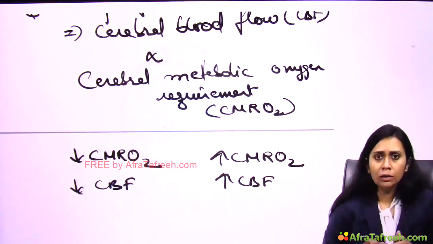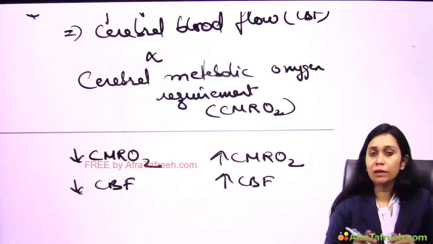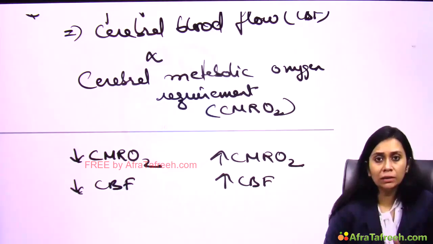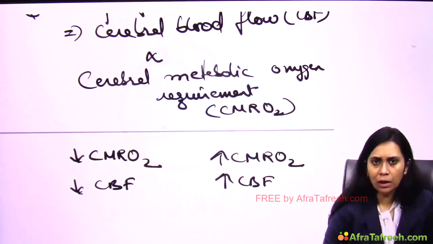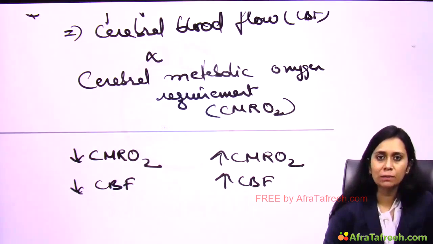Now let us say, guys, what does an anesthetic agent do, inhalational or IV? They do the same thing. They make the person unconscious. That's why we are giving them. And once the person becomes unconscious, the activity of the brain reduces and the oxygen requirement of the brain would reduce.